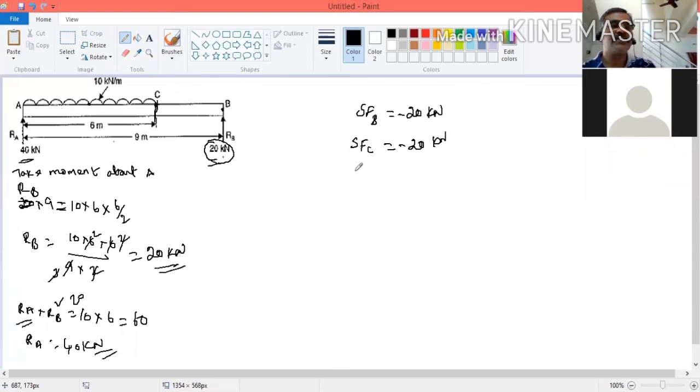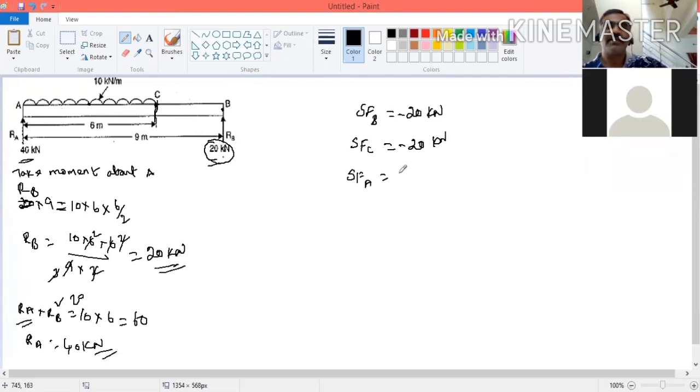Now you find the shear force at point A. Shear force at point A is equal to, you can consider either the left side or the right side. If you consider the left side, it will be easy, but you can consider the right side also. Let us consider the right side.